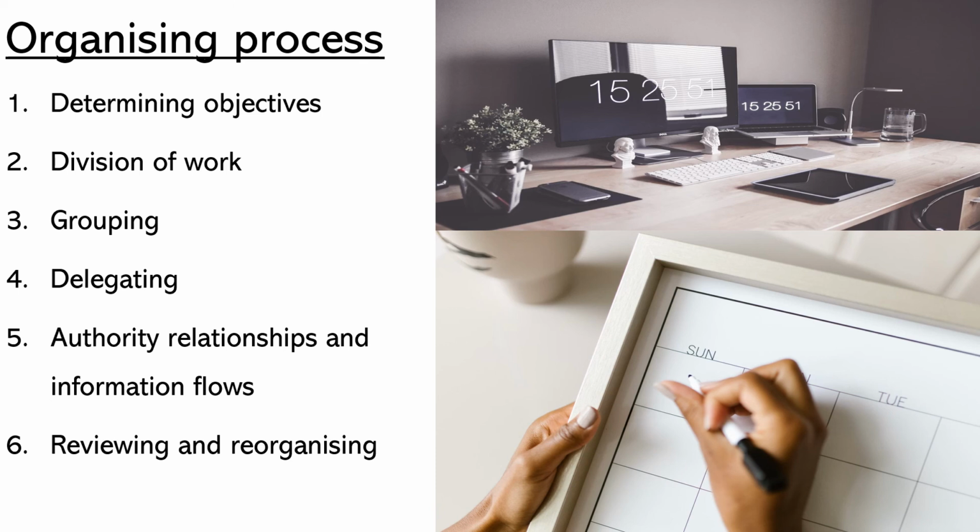Then, after this, you have to implement the task, and once it is implemented and you have attained that goal, you review, and if you find any mistake, or any alternative way to do that work in an efficient and effective manner, identify it, and then reorganize it. So that is the organizing process.